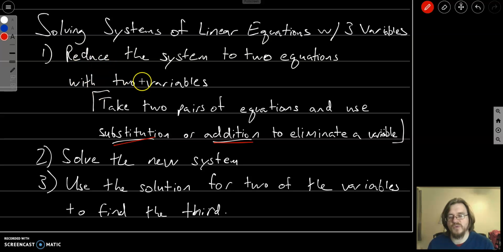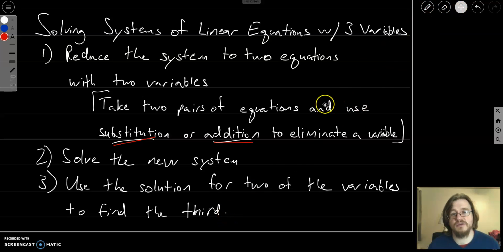And I'll go through what this actually means in an example. But essentially, by eliminating one of the variables and eliminating one of the equations, we're left with only two equations with two unknowns. Well, we know how to solve those, so we do. We just solve for the two variables that are left over. And once we know two of the variables, we can plug them back in to find the third.